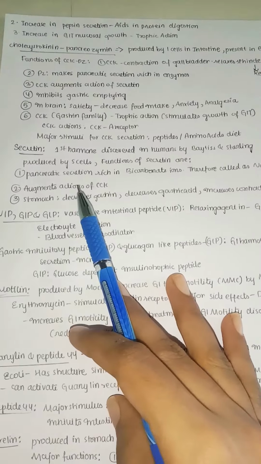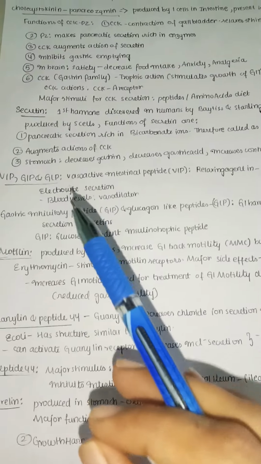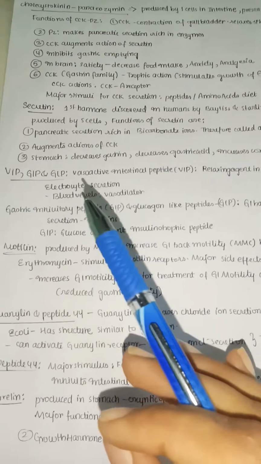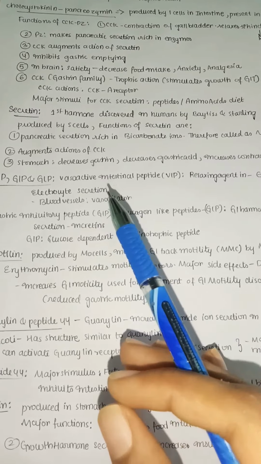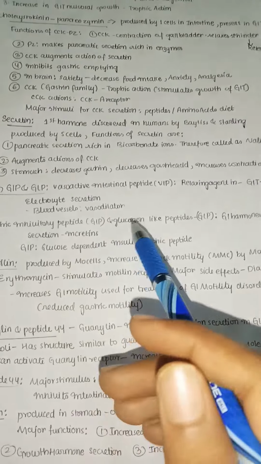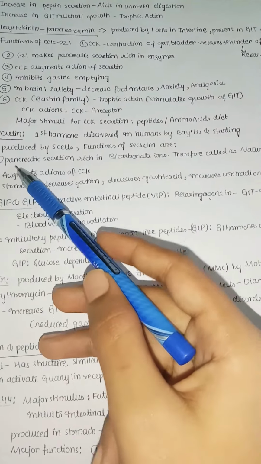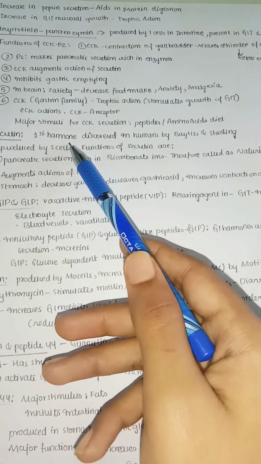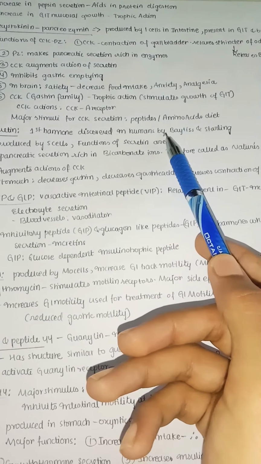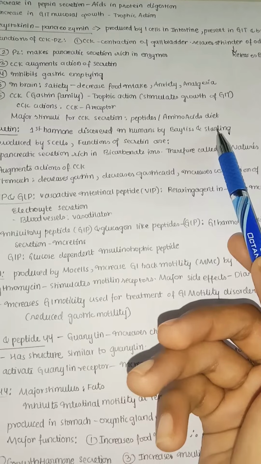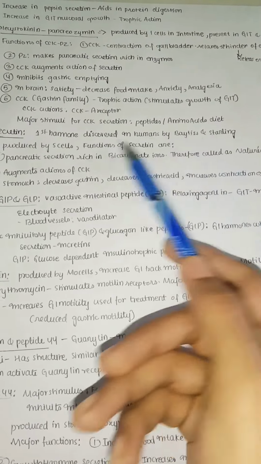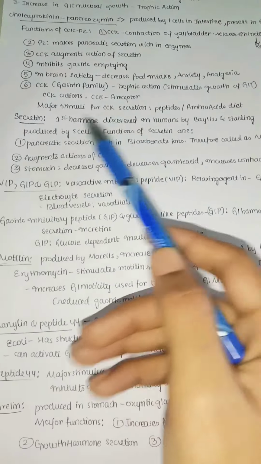So now let us see secretin. We are coming to the next family, having completed the gastrin family. In the secretin family, we have secretin, GIP, VIP, GLP, right? So let us see secretin. Secretin is actually the first hormone discovered in humans, by Bayliss and Starling. So among all hormones, secretin is the lucky first one to be found.